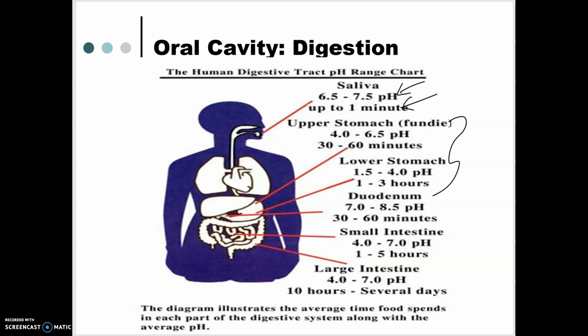And then if we look at the small intestine, that's these two here, we can see that the food will stay through our small intestine for around maybe up to 6 hours, and the pH is going to go from acidic, 4.0, up to relatively basic, 8.5, and then the bulk of our digestion, in terms of time, is down here in our large intestine. We're going to see a pretty big range in pH, but we're going to see really, really long time for us to digest stuff down here, between 10 hours to several days. So this is an interesting figure for you guys to have a look at.